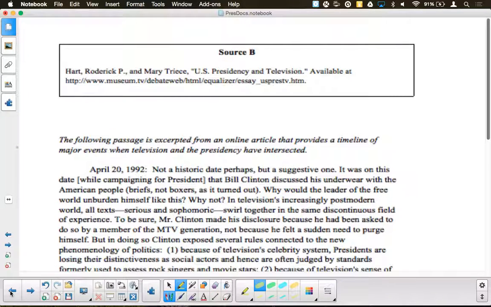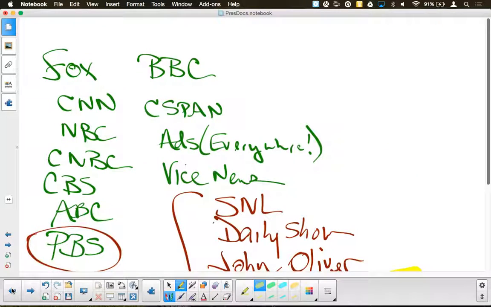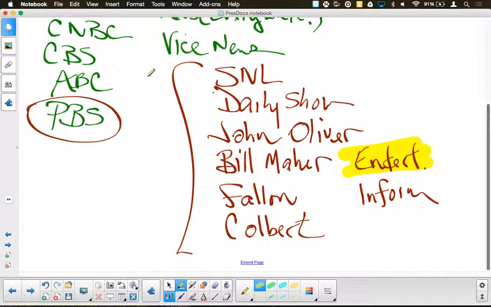Source B brings in Clinton, and certainly talking about the MTV generation, that's a perfect opportunity to get more into these examples down here, Saturday Night Live, Daily Show, John Oliver, Bill Maher, and whatnot, because now you're blending in your own personal examples with what's coming in from the source material.